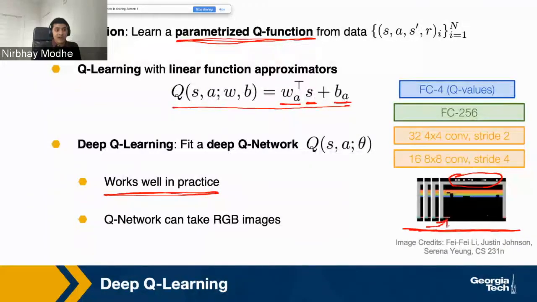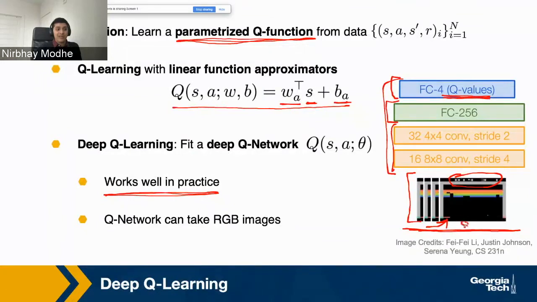In this specific architecture, they use the last 4 frames of the images as a state representation. They feed it into a convolutional neural network, which is in this case 2 CNN layers, one fully connected layer, and one output layer, which gives the Q values as output for all possible actions starting at this state.